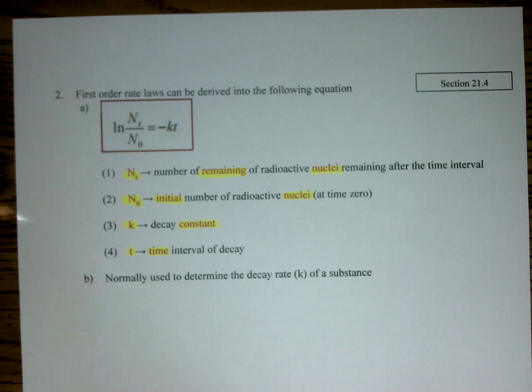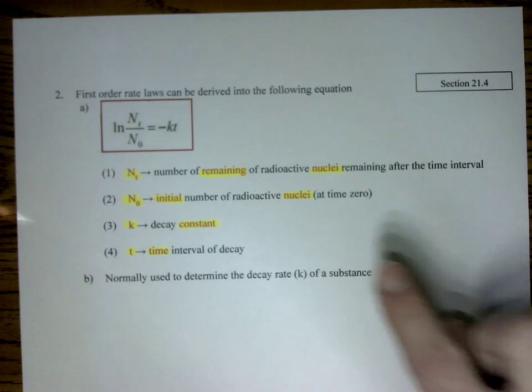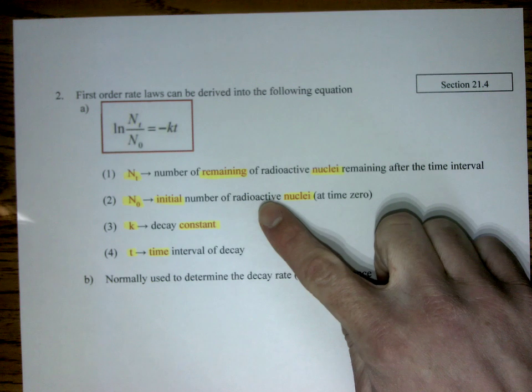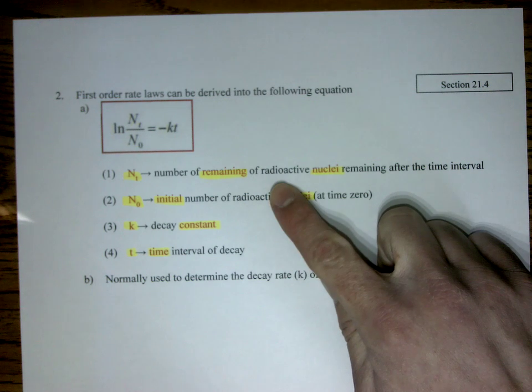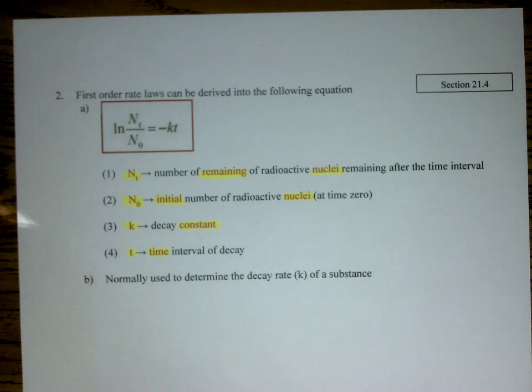Now, again, there are some things that we need to work to get to that point, but this is much more useful because of this. It has your initial amount and it has your amount remaining after a certain number of half-lives, and it doesn't have to be a perfectly used half-life.